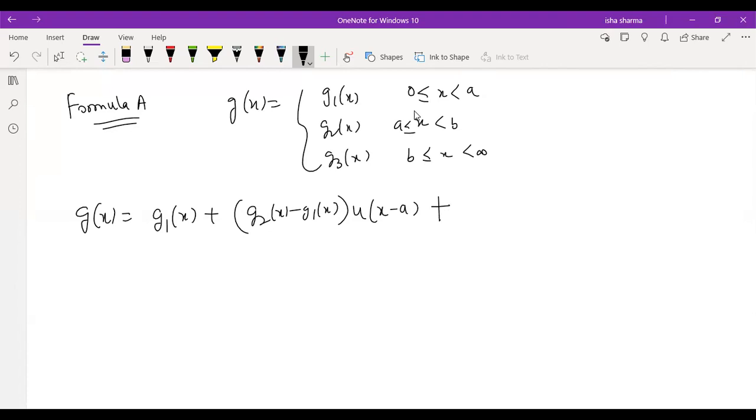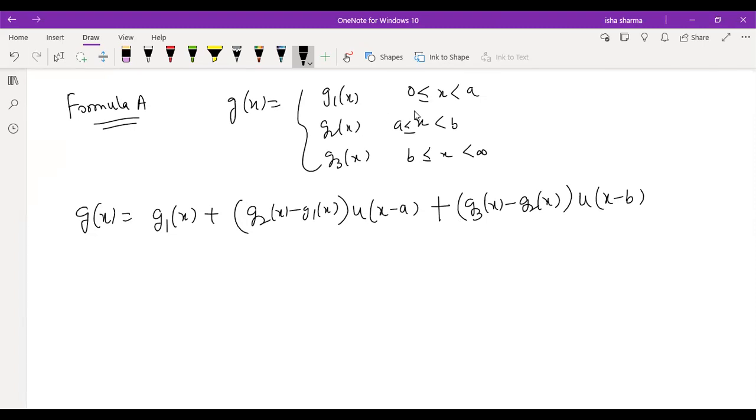Now there will be an additional term because of the third function. So this will be (g3(x) minus g2(x)), and this time it is unit step function u(x minus b), because the discontinuity in the combination of g2 and g3 is at the point b. So this is the difference between this formula and formula A.